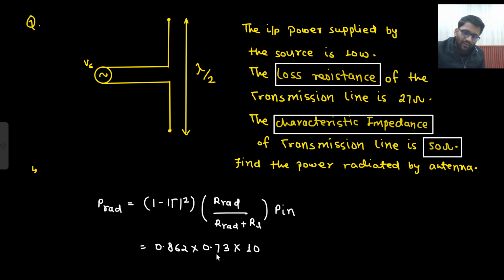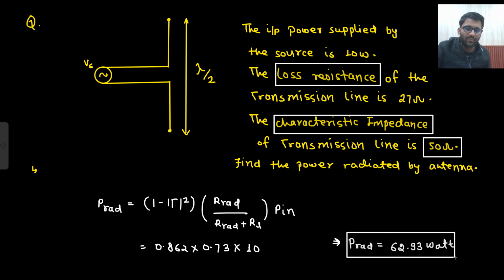What is P in? 10. So what is P radiated? 0.862 times 0.73 times 10, that is coming out to be 62.93 watt. There you go. This is your P radiated.